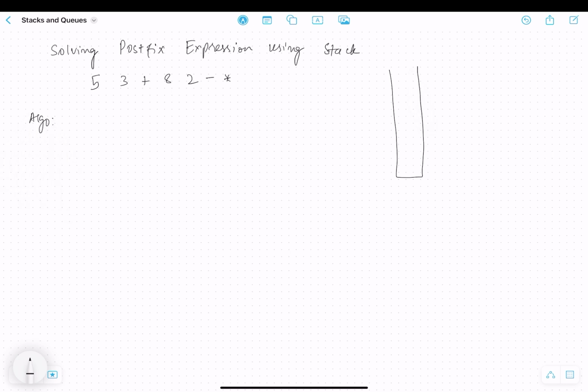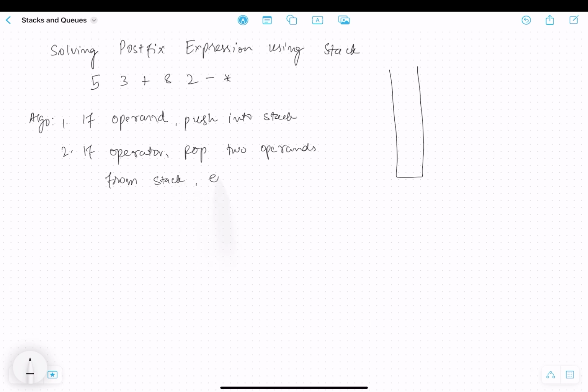And in this one, let's write the algorithm first. It is very simple. If you get an operand, push into stack. If you get an operator, then pop two operands from stack, evaluate using the operator, and then finally push into stack.